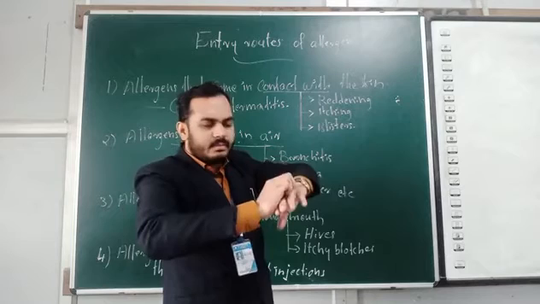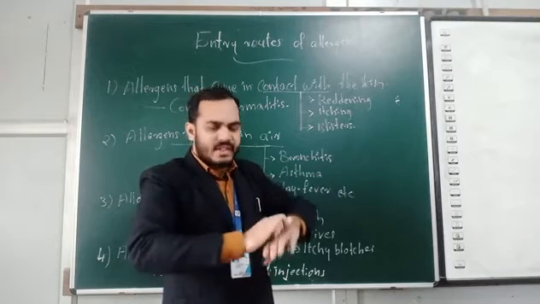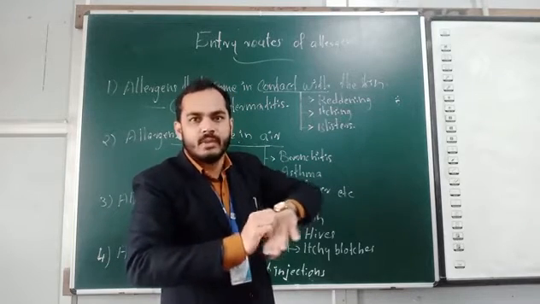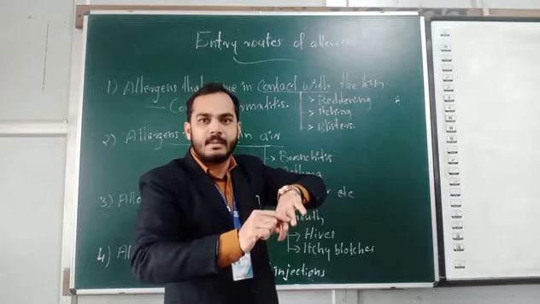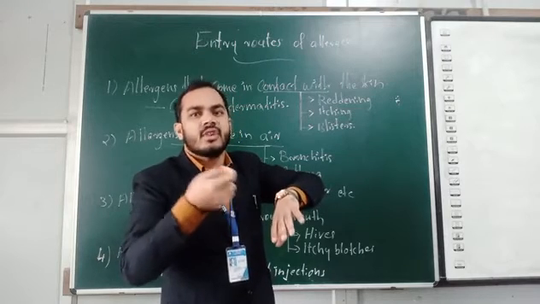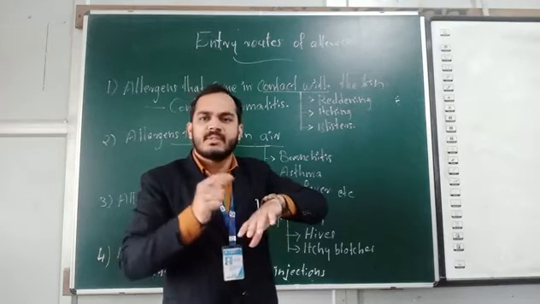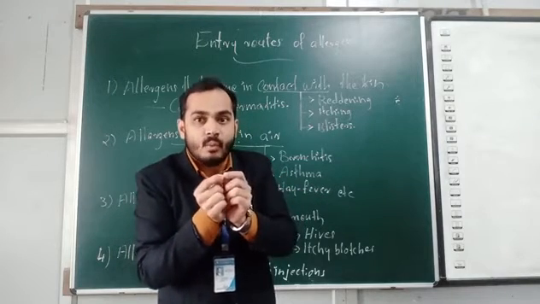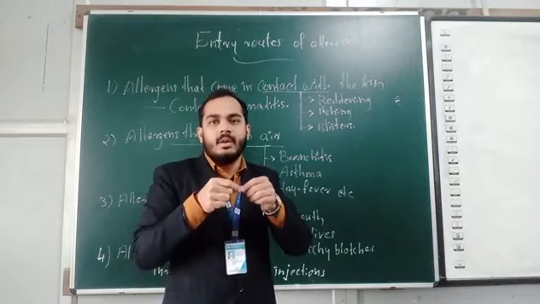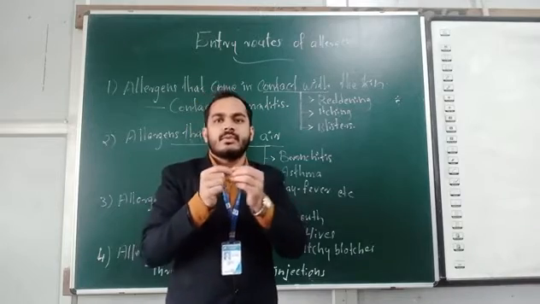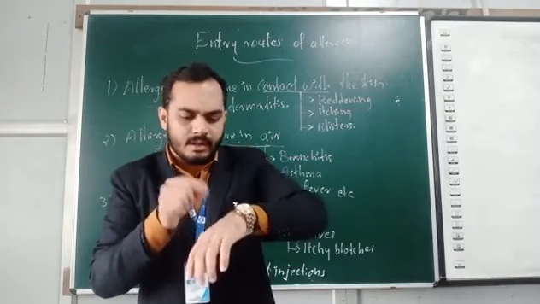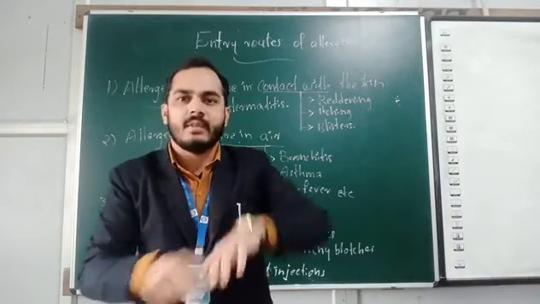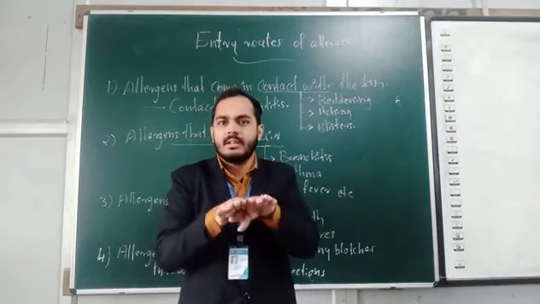During the itching process or allergic reaction, we start to itch. At that time the blood vessels produce histamine substance. Because of this histamine, what happens? The blood vessels become widened or swollen. As a result, the skin turns red.